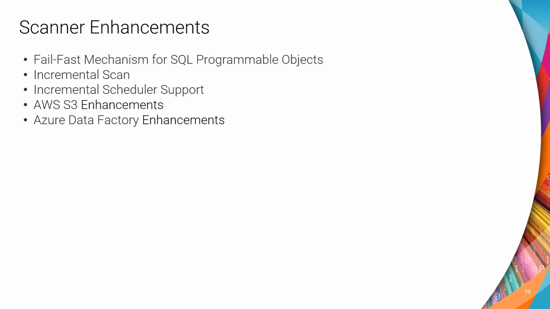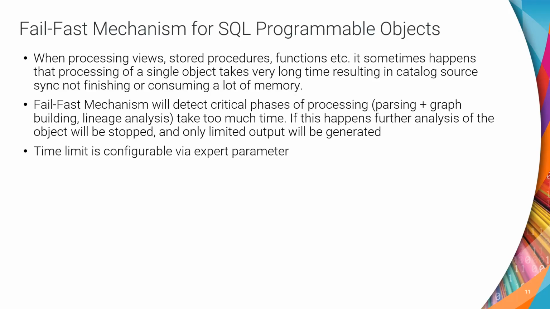Scanner enhancements. We are introducing a new feature called fail fast mechanism for SQL programmable objects, incremental scan, incremental scheduler support, AWS S3 scanner enhancements, ADF scanner enhancements. Fail fast mechanism for SQL programmable objects.